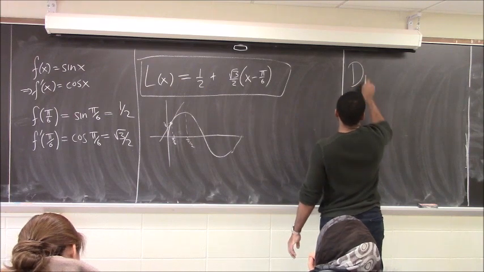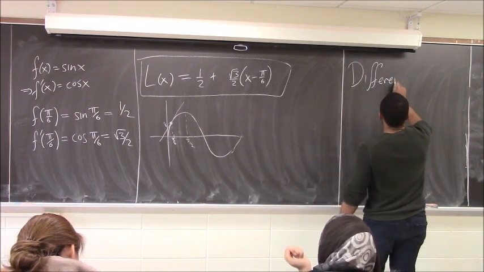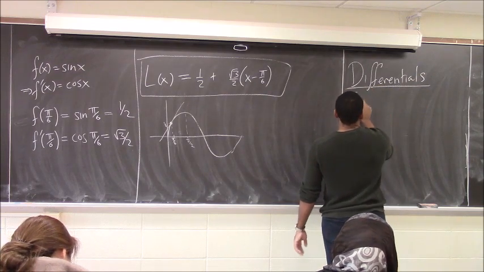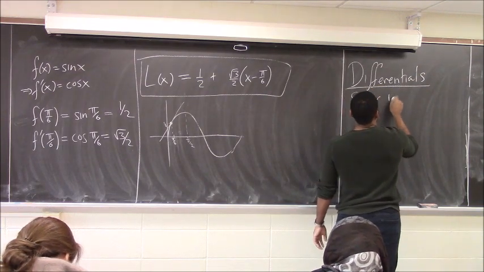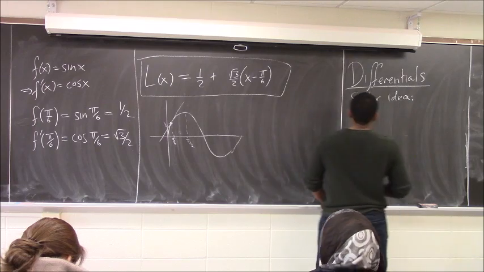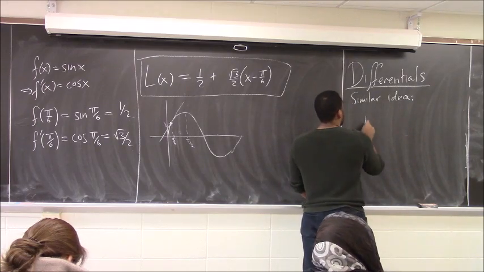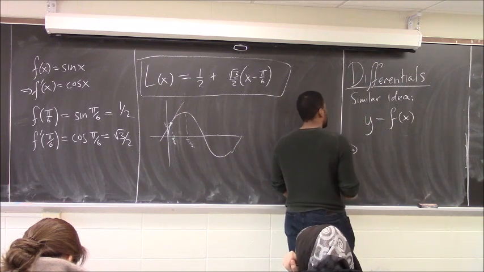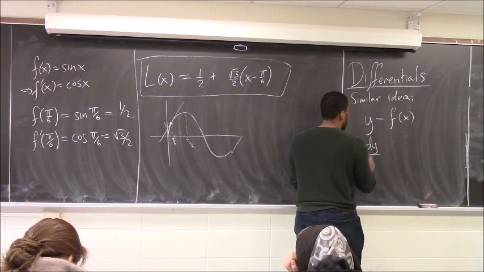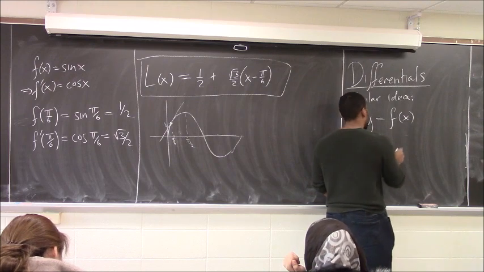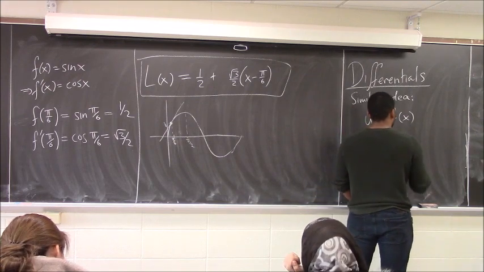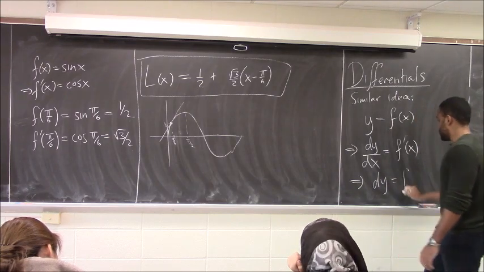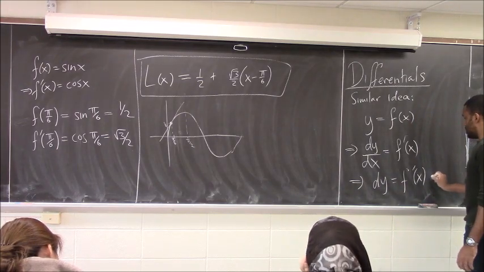Let's talk about differentials. Similar idea here. If y is equal to f of x, notice that you can find the derivative. You will get dy/dx equals f prime of x. In other words, you can say dy is equal to f prime of x dx.